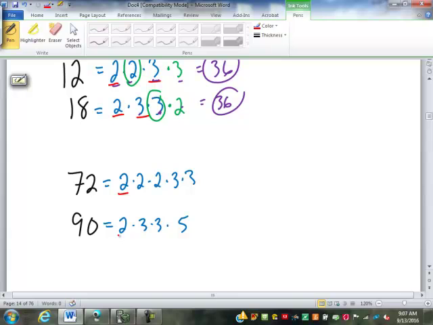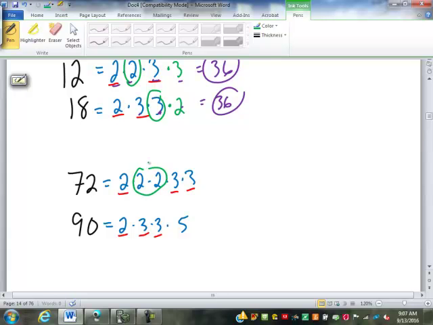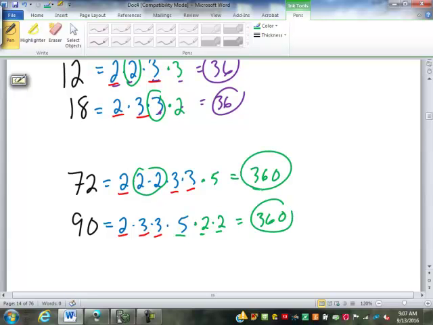Well, I start by identifying what they have in common, first of all. They've got a 2 and they both have two 3's. So you're right, the 72 has the 2 2's and the 90 does not. So we have to add 2 2's down here, or multiply by 2 2's. We have to bring the 5 up to the 72. 72 times 5 is 360. 90 times 2 times 2 is 360. 360 is the least common multiple.